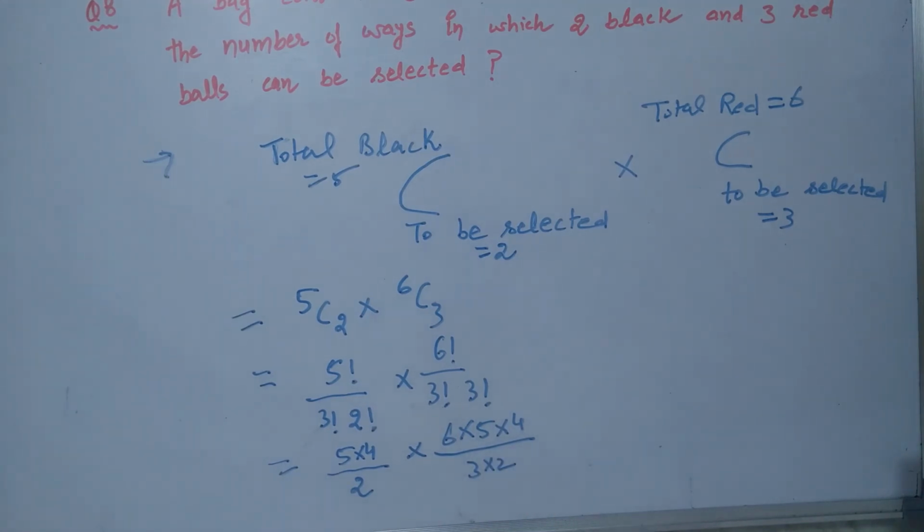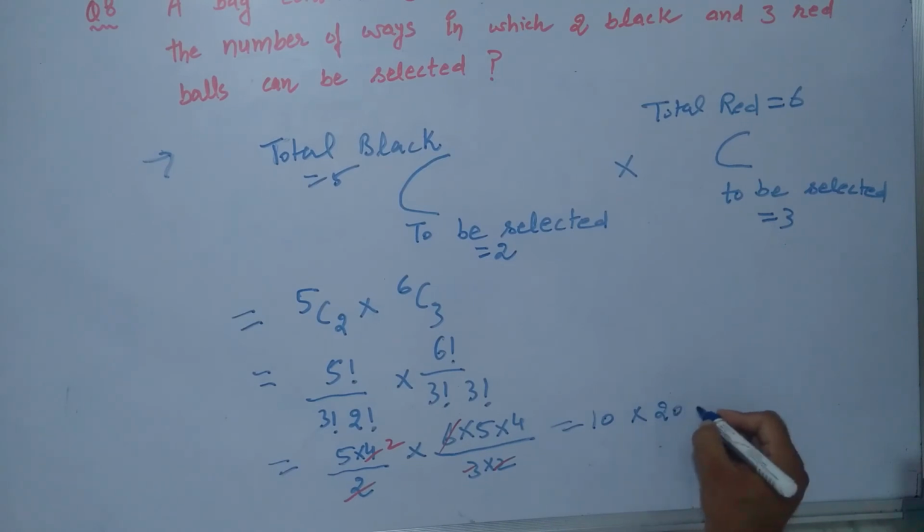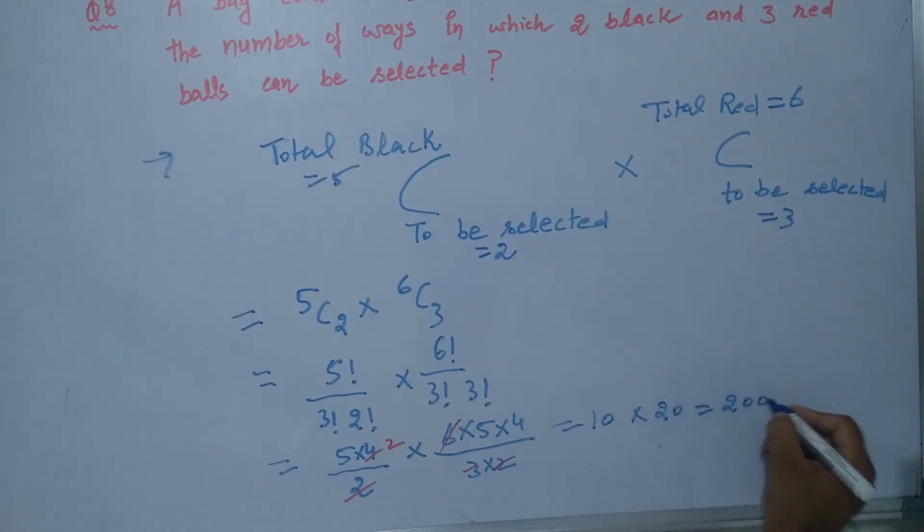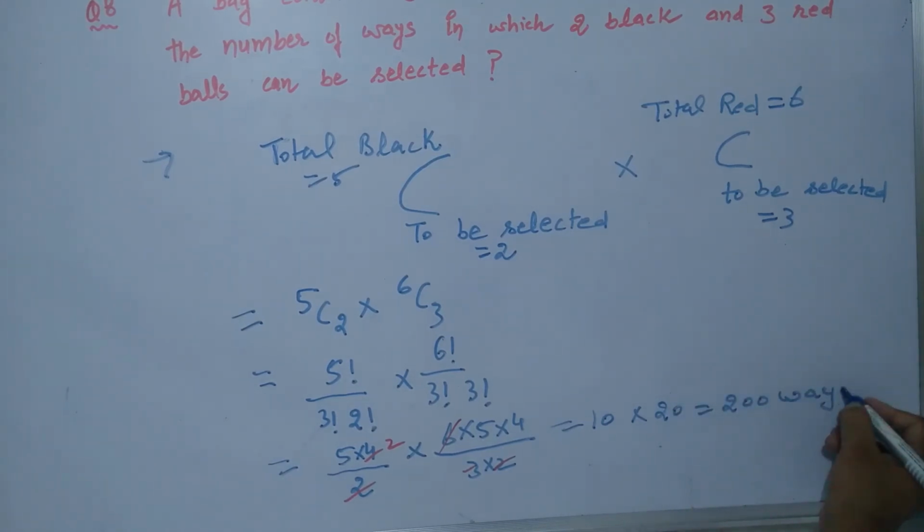So we have 2 twos are 4, 3 twos are 6 cancelled. So what we are left with, 5 twos are 10 into 5 fours are 20 is equal to 200 ways.